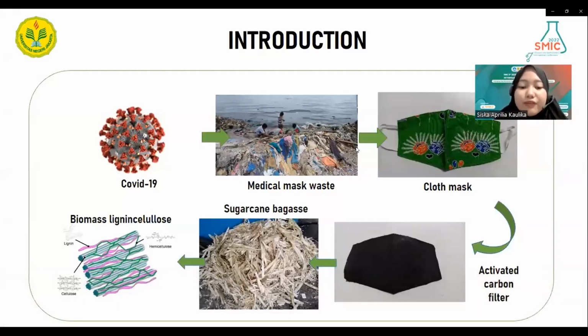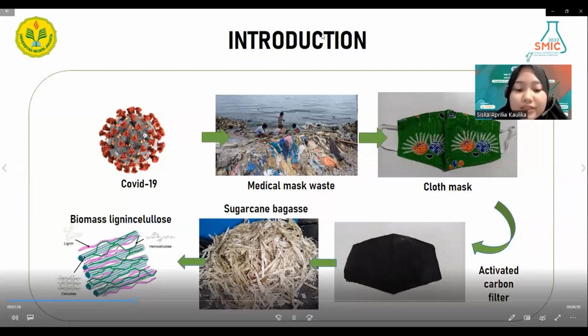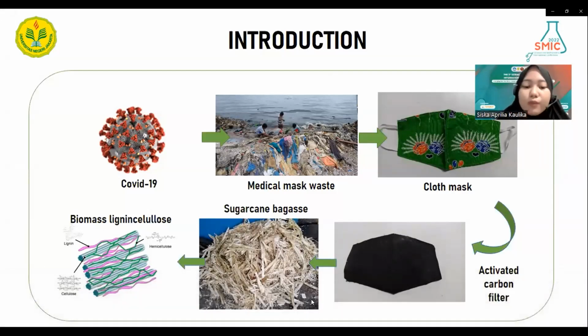An activated carbon filter is used as a mask filter due to its increased ability to absorb microorganisms, with an amorphous property consisting mostly of free carbon. One of the most potential materials is bagasse. Activated carbon from bagasse has been widely used for metal absorbent and dye waste. Bagasse has the potential to be used as activated carbon because it contains lignocellulose biomass with high carbon content.